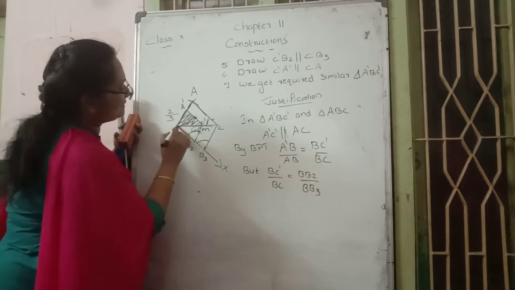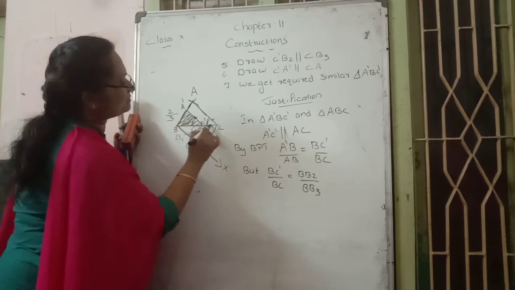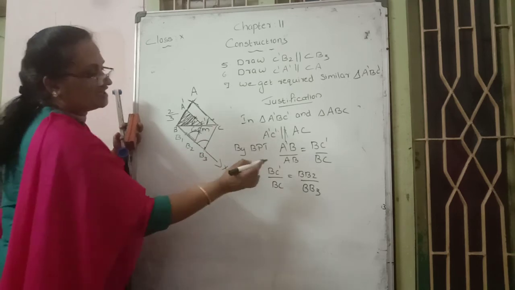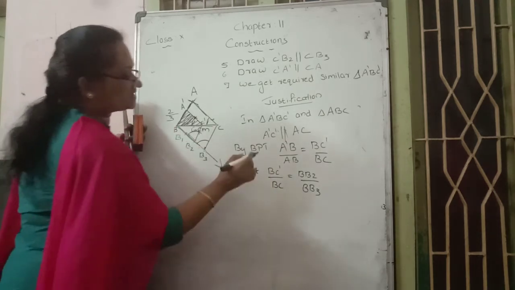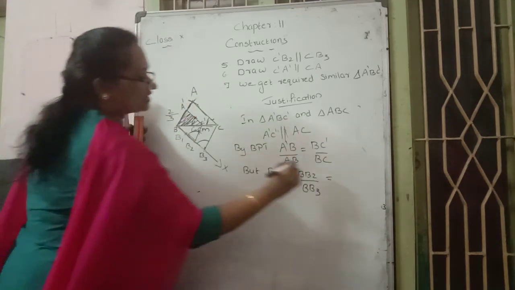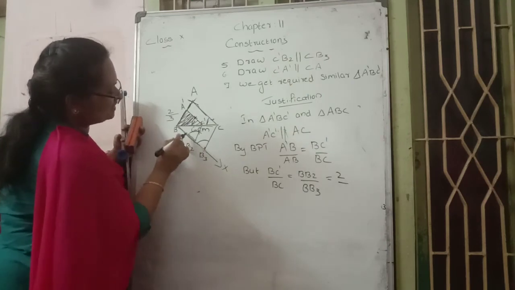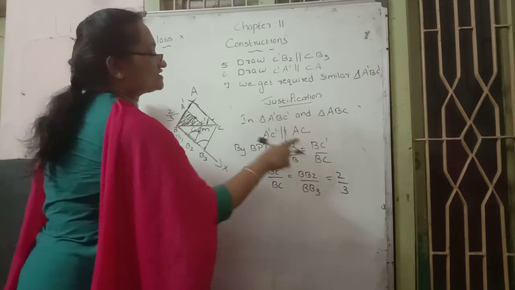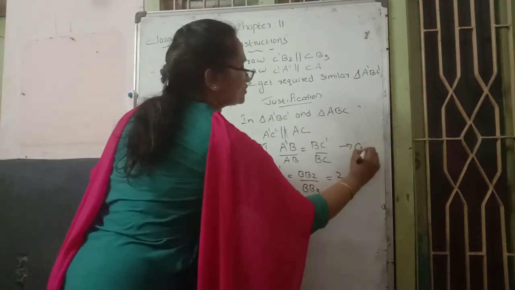We know that the base line is BC, so BC dash by BC is equal to BB2 by BB3. But here see, how much is the distance BB2? 1 and 2, so 2. Then how much is the B3 distance? 1, 2 and 3, so 3. So we substitute this value here. Mark it as equation 1.